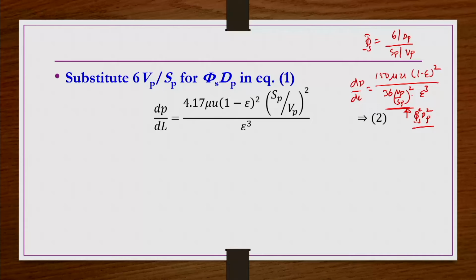So, in place of phi s square dP square we are writing 36 (Vp by Sp) whole square. So, we rearrange, and you have this equation. 150 by 36 is 4.17.